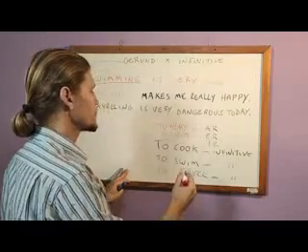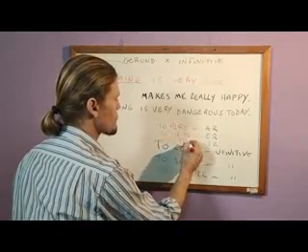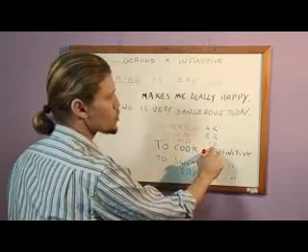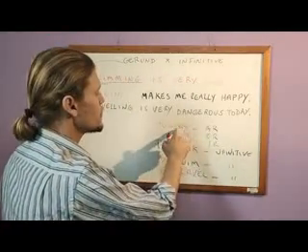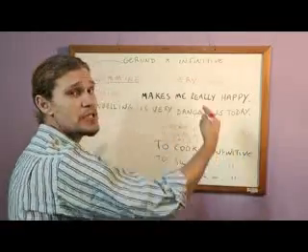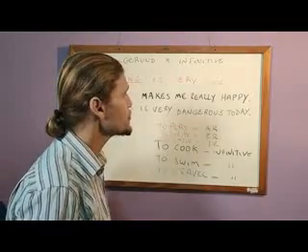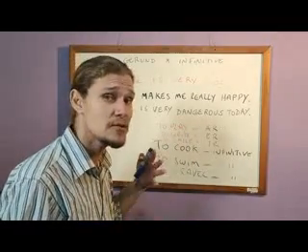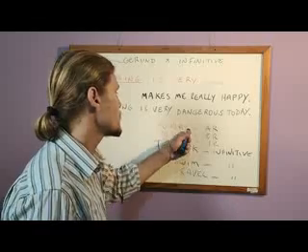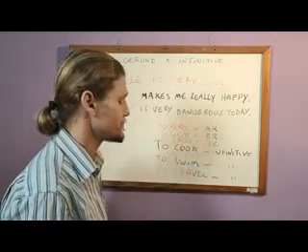To smile. Sorrir. So, you just have to add to in front of the verb to turn the verb into the infinitive form. That's it. And how do you turn the verb into the gerund form? You remove the to and you add ing.